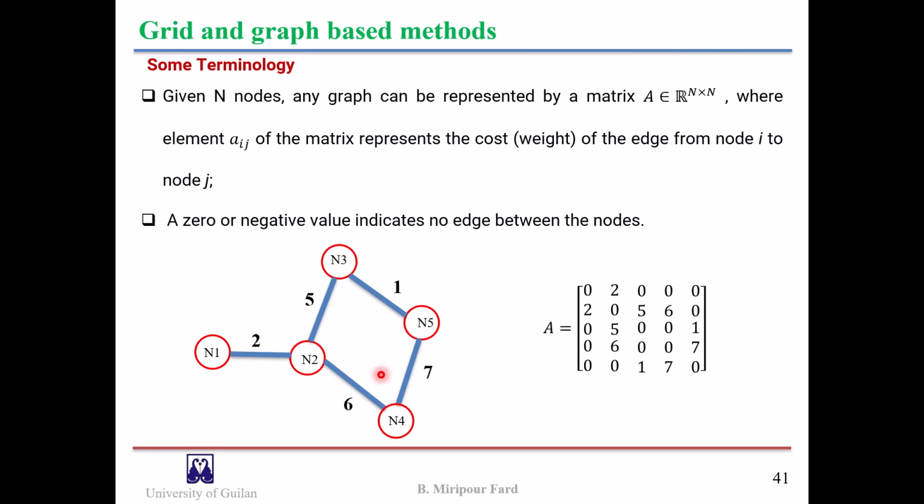For example, here you can see a graph and the corresponding matrix. And here A12 is equal to 2. It means that there is an edge between node 1 and node 2, and the weight of this edge is 2.